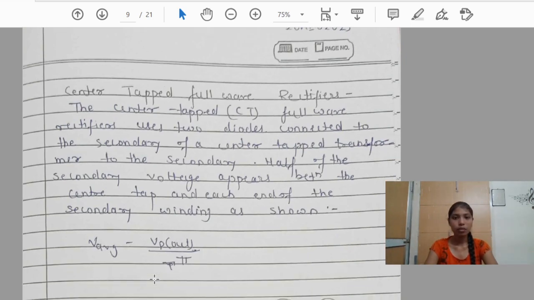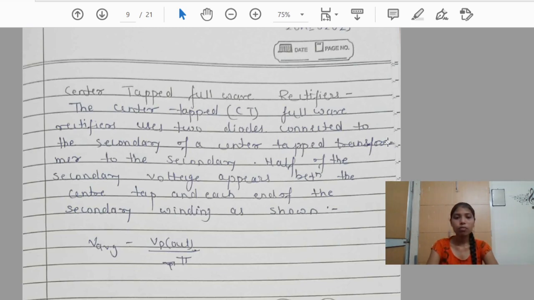Center tap full wave rectifier. The center tap full wave rectifier uses two diodes connected to the secondary of the center tap transformer.